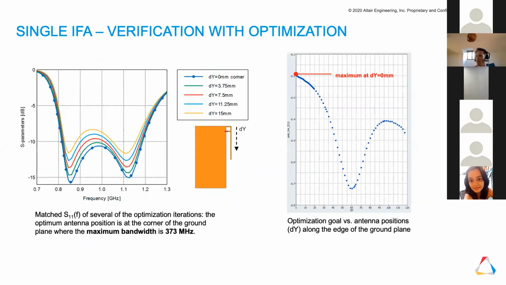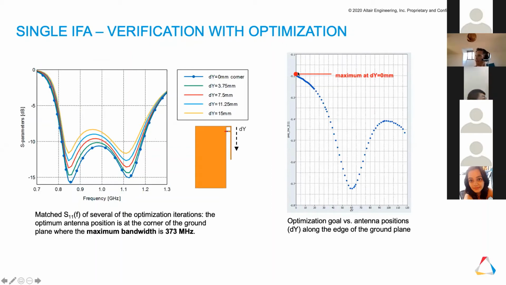Then, just as a form of verification, we ran a traditional optimization there. You can see some S parameters plotted at various points here, with our optimum being on the corner, clearly indicating the highest bandwidth. And also on the right, you can see the output of the optimization goal as a function of dy.